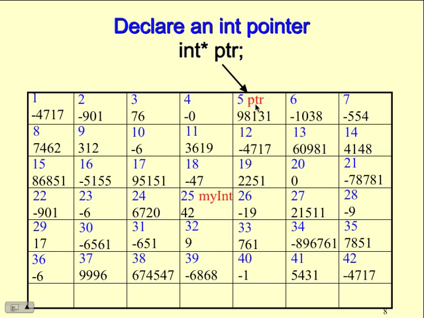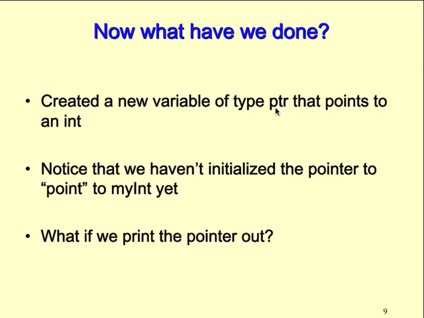The identifier is always going to identify a memory address. And now it's essentially doing the same thing as integer myInt did. So it found a space. So now we've created a new variable called ptr that points to an integer. Notice that we haven't initialized the pointer to point to anything.